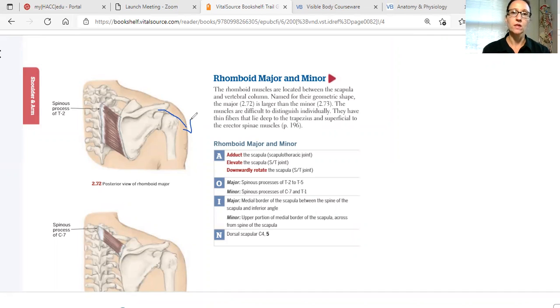Now, there's a really easy way to remember the actions of rhomboids. I guess I will draw them in. I'm going to clear this for a second. So if I had the rhomboids on both sides, which I do, but this is really difficult to draw on the computer. Both of these go like that.